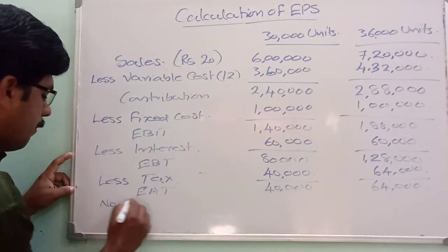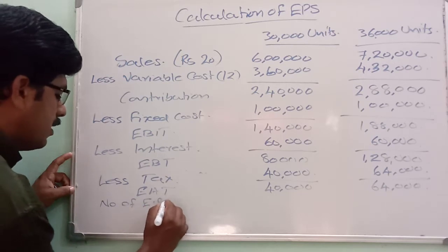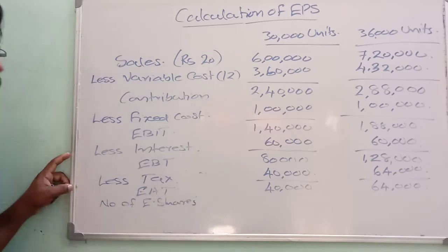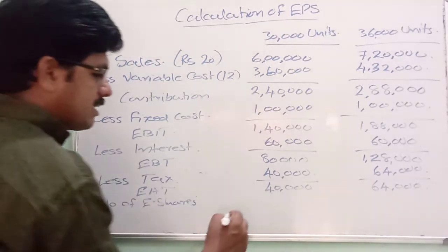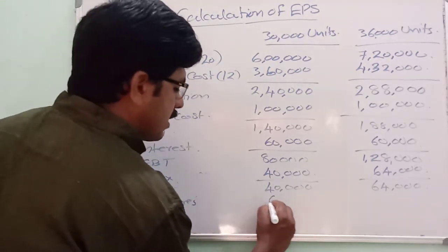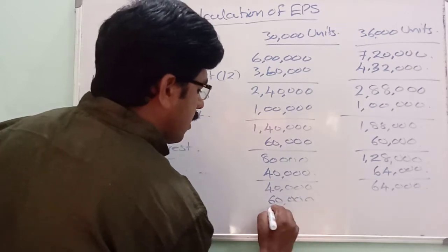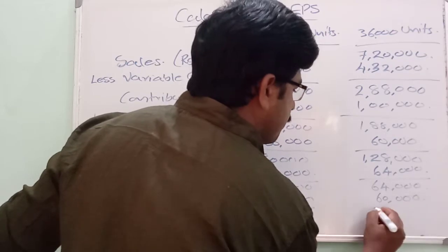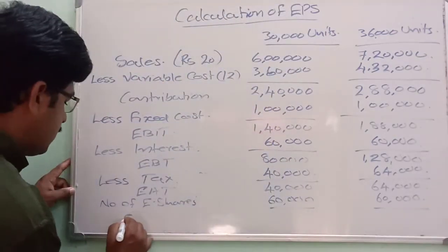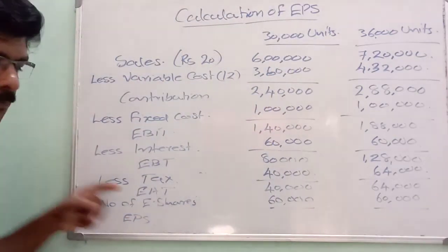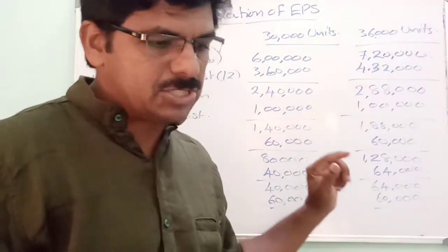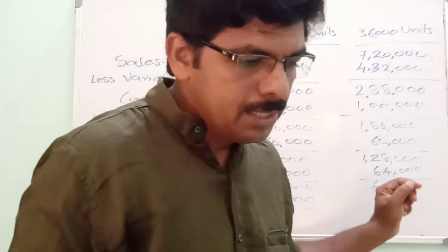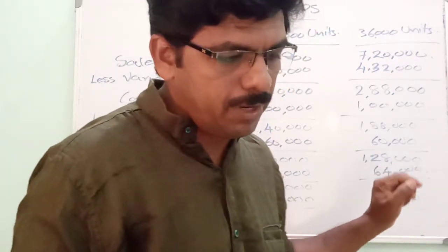Next, number of equity shares: 6 lakh divided by 10, equal to 60,000. Here also 60,000. Therefore, EPS, earnings per share, is 40,000 divided by 60,000, and here 64,000 divided by 60,000, that is 0.67 and 1.07.